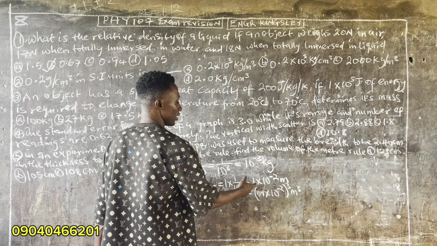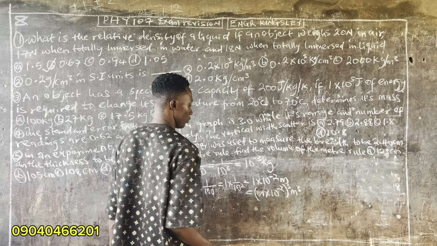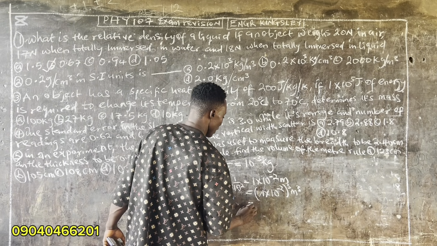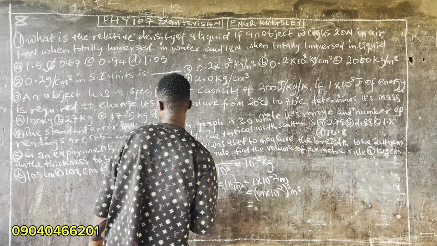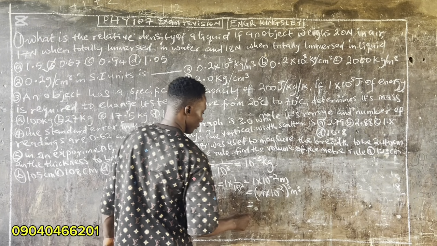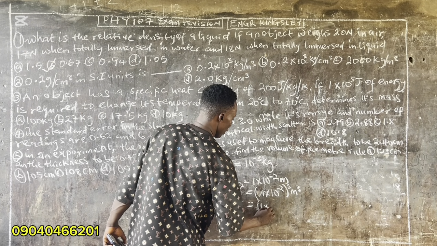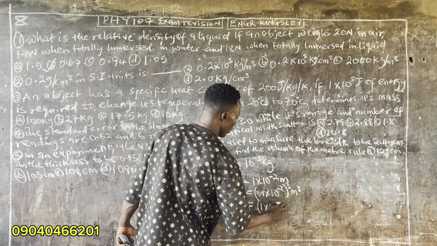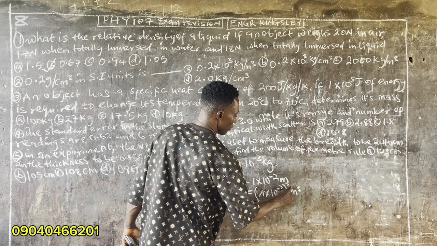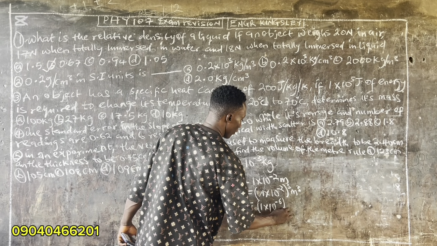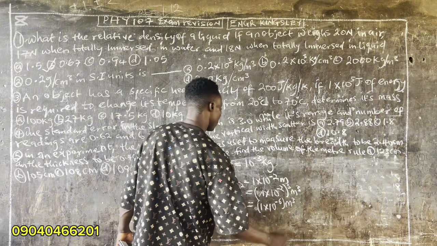The difference is that I have introduced cube to what we have. Finally, converting will be 1 times 10 raised to the power minus 2 times 3, which will give us minus 6 meter cube.